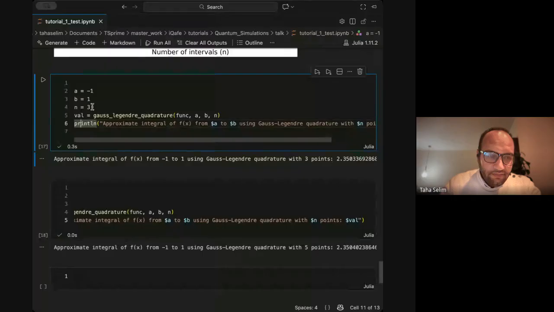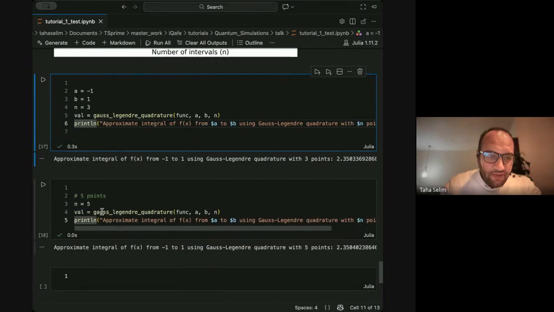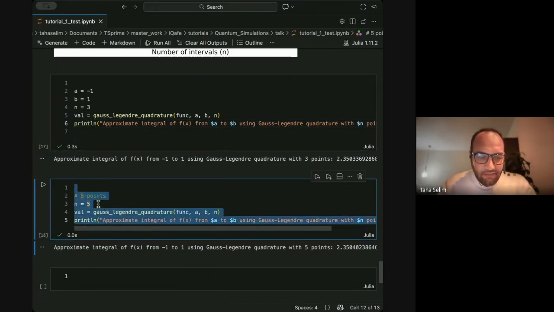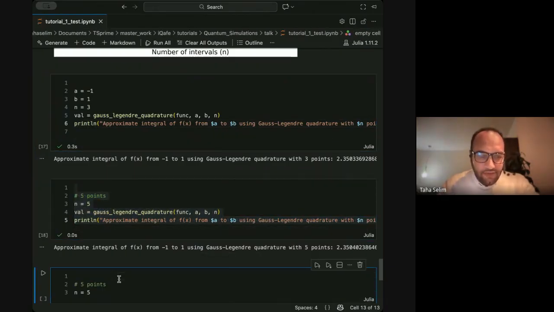Because we have seen it, we had 3, we had 4, so we were oscillating actually around the exact value. I don't want to be precise about oscillation, but we are making variations around the exact value, tiny variations here. In this example, let's see. Okay. We have here 3 points. And here we have 5 points. Of course, we can make now, for example, 10 points.